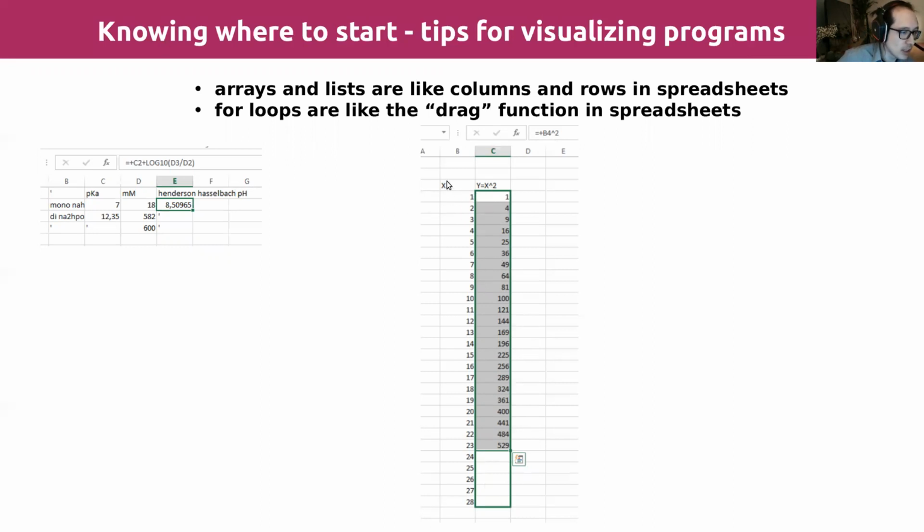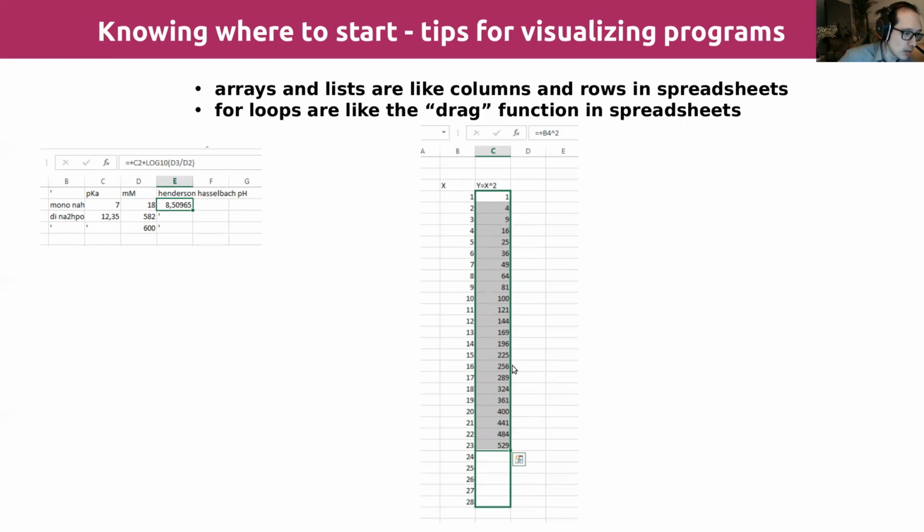In Excel, you have a spreadsheet, maybe you would create a column of values from 1, 2, 3 up to 28, and maybe you want to compute the square of those values. So you would make a column right next to it and create a formula that says, take the cell to the left and raise it to the second power.